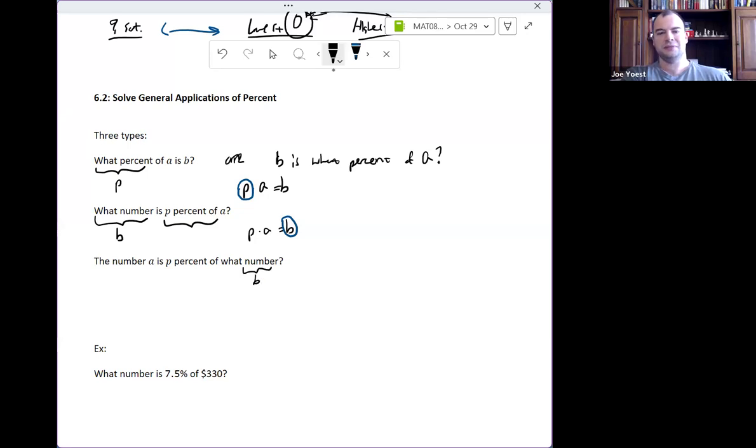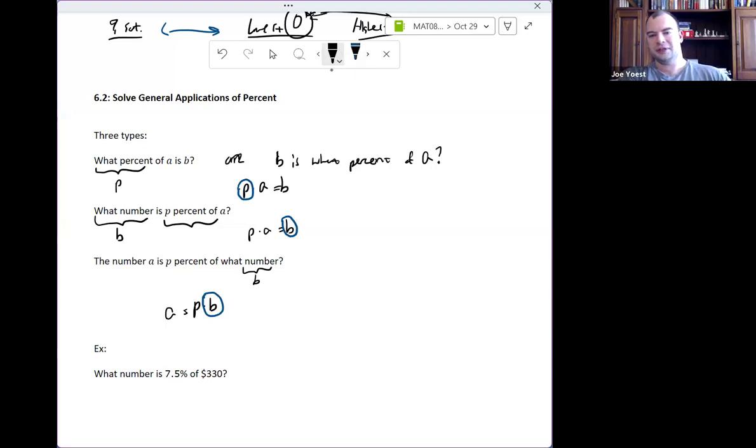Let's call this B. And here I have A equals PB. Maybe I should have said the number B is P percent of what number so it's consistent, but A is P percent of what number? So we're looking for this one here.